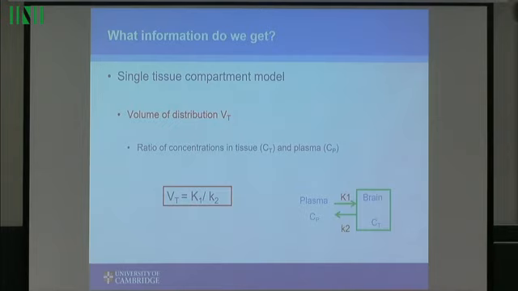And the outcome measure that we get out of this is VT. So from that compartment that I showed, after a lot of equations which I have not included here, you get VT is equal to K1 over K2, which is essentially the ratio of concentrations in tissue and plasma.